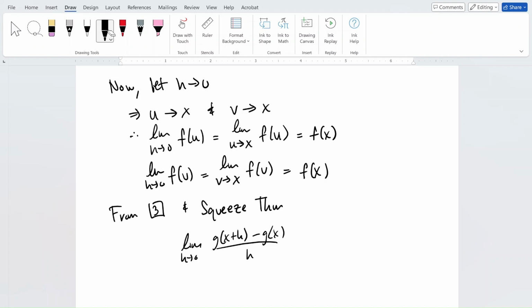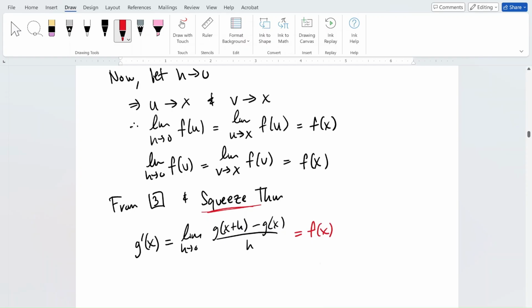And then we took the limit in front of it, so that's why we have that. And by definition, we know that this is just the notation for g prime of x. And on the right, by the squeeze theorem, we got that this was equal to f of x. So now, this is what we call equation number 4. So from 3 and the squeeze theorem, we get this equation number 4.